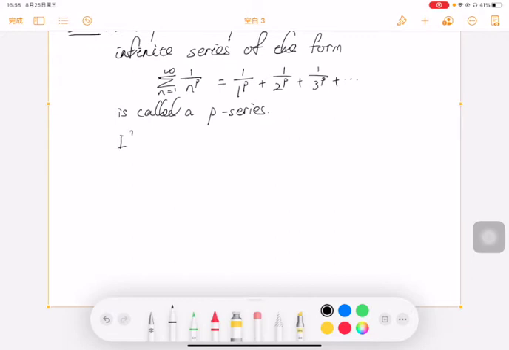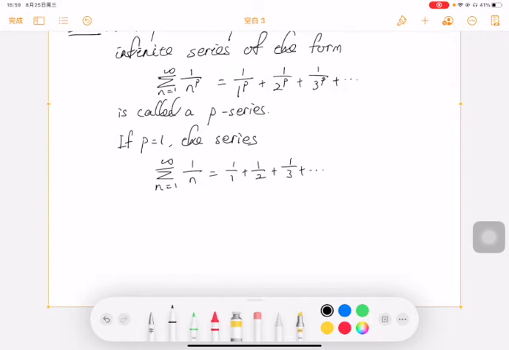And if p equals 1, p equals 1 gives us this series, 1 over n to the 1, which is 1 over 1 plus 1 over 2 plus 1 over 3 plus dot dot dot.